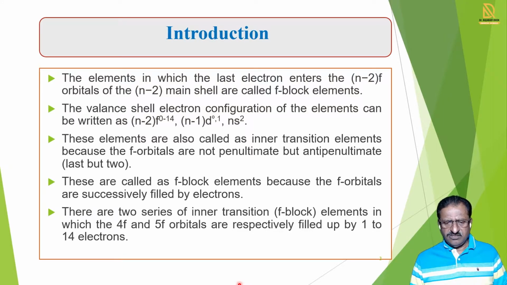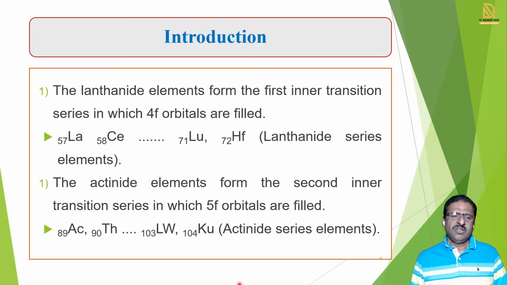In these series the total number of electrons filled is 14, because the f orbital has 7 subshells and each subshell fills 2 electrons. So 2 into 7, that is 14 electrons, are filled in the lanthanide series and in the actinide series. The lanthanide elements form the first inner transition series, in which 4f orbitals are filled.